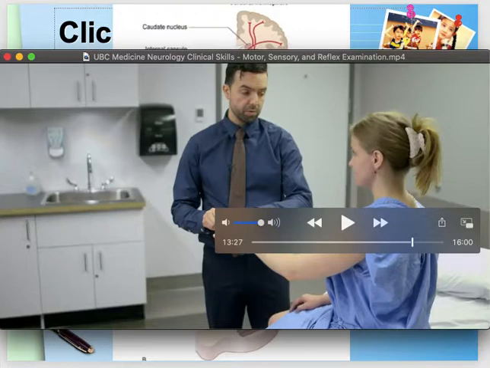We can use a pen, which should be sharp, and apply it lightly, not too hard. We ask the patient to close their eyes and tell us whether they feel it as sharp or dull.